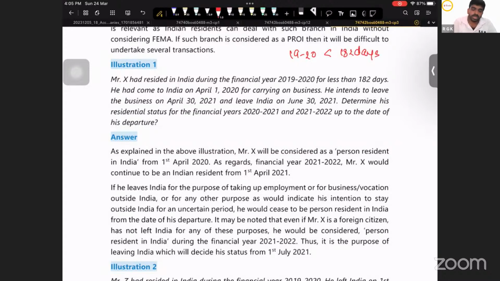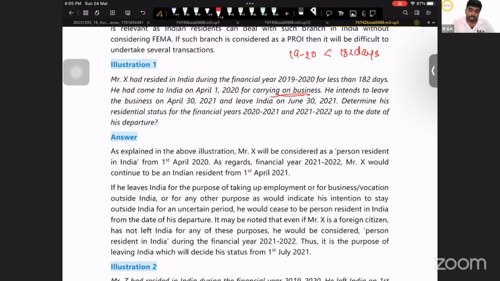He had come to India on 1st April 2022 for carrying on business. He intends to leave business on 30th April 2021 and leave India on June 31st, 2021. Determine his residential status for the financial years 2021, 21-22. First thing we have to see.